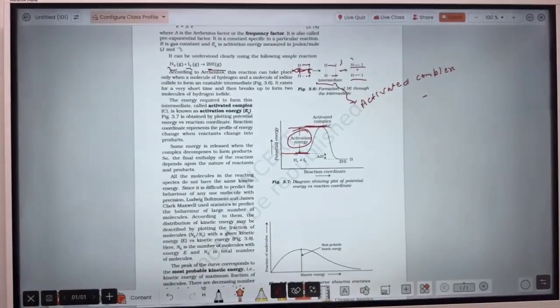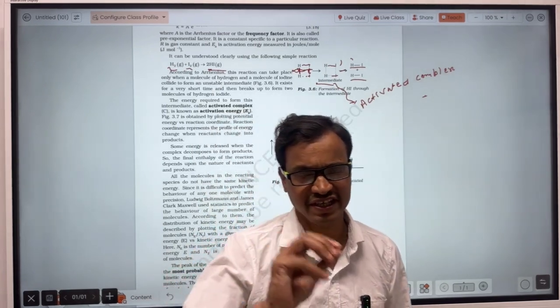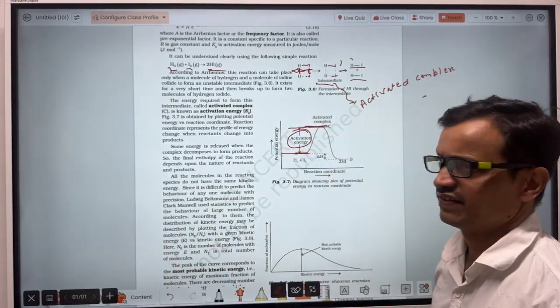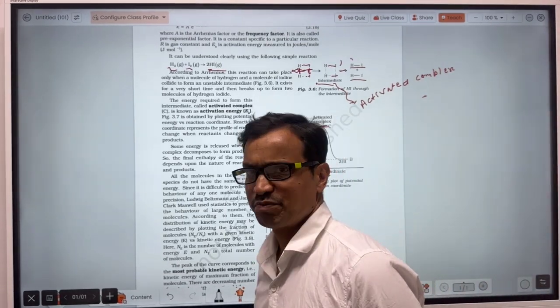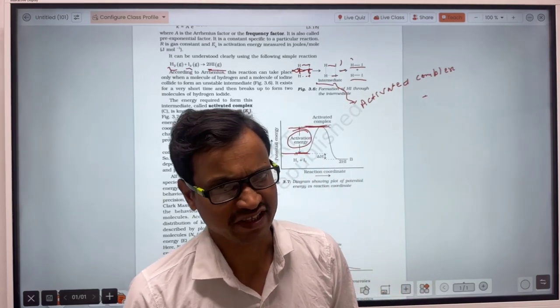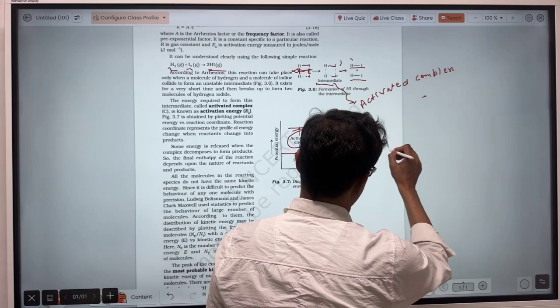So activation energy is the minimum amount of energy which must be supplied to the reactant to form the activated complex.